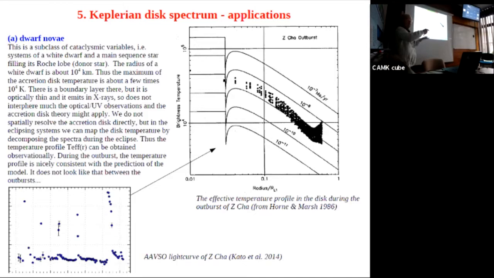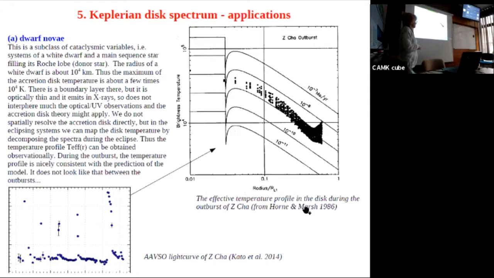So if you have a disk, you do not resolve the disk, but if the other star shields more and more of the disk, you do not always see the whole disk. So you can divide pieces of the disk into those which are visible at this moment and those not visible. And then if you model the whole eclipse, you can actually recover under certain assumptions the temperature profile of the disk directly from this kind of eclipse analysis.